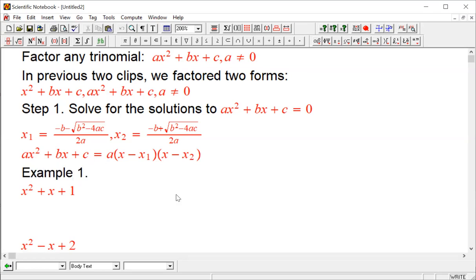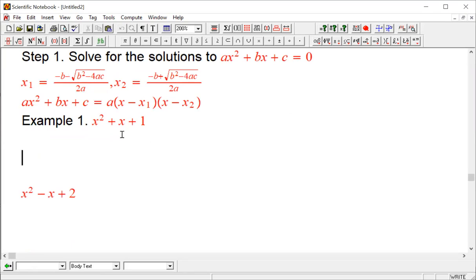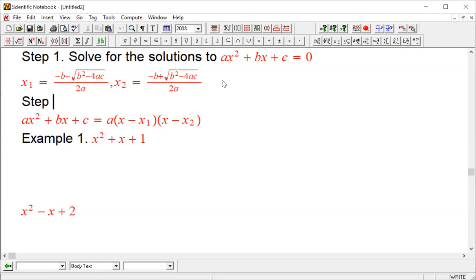Okay, so let's look at some examples. Example number 1. With this example, if you use the scheme we learned in the previous two episodes, you're not going to make it. So what can we do? Step 1, we solve the equation. Step 2, we compose the factors.